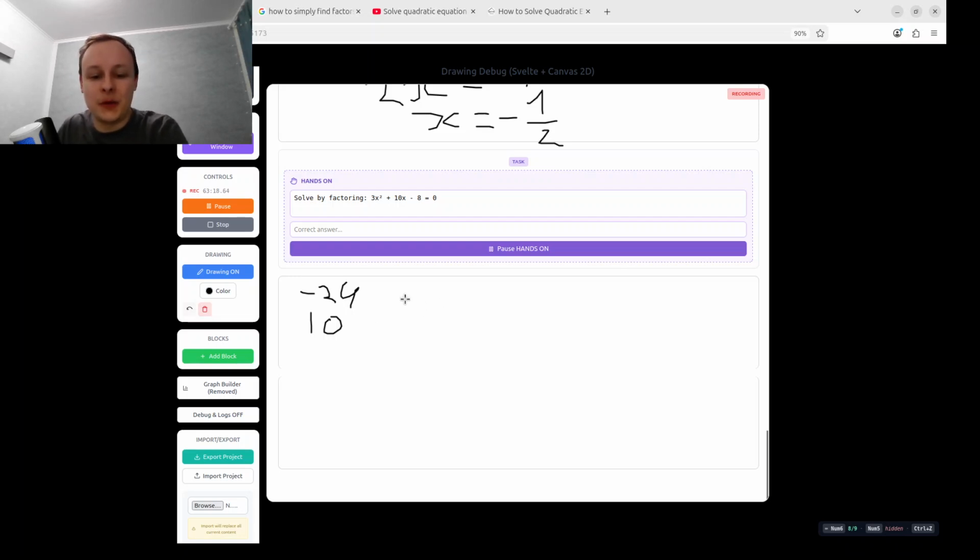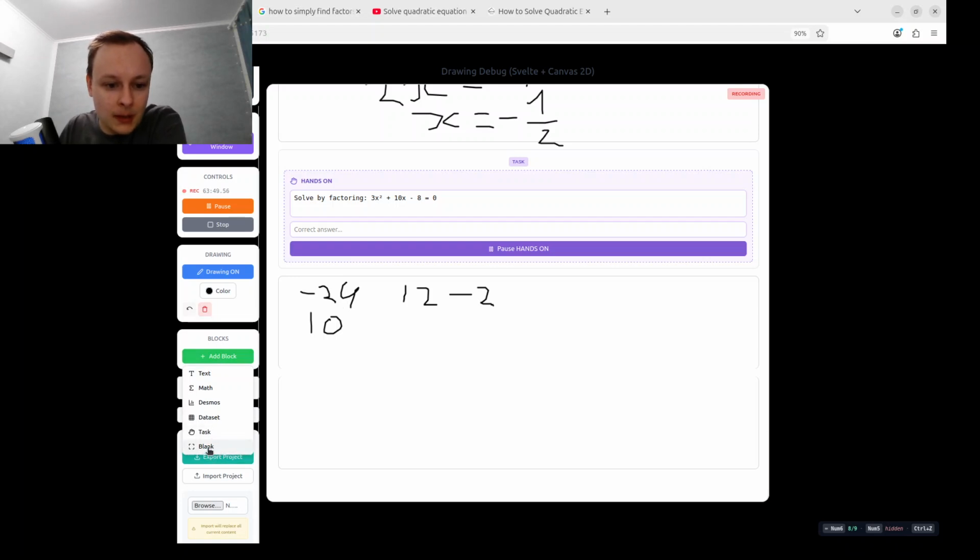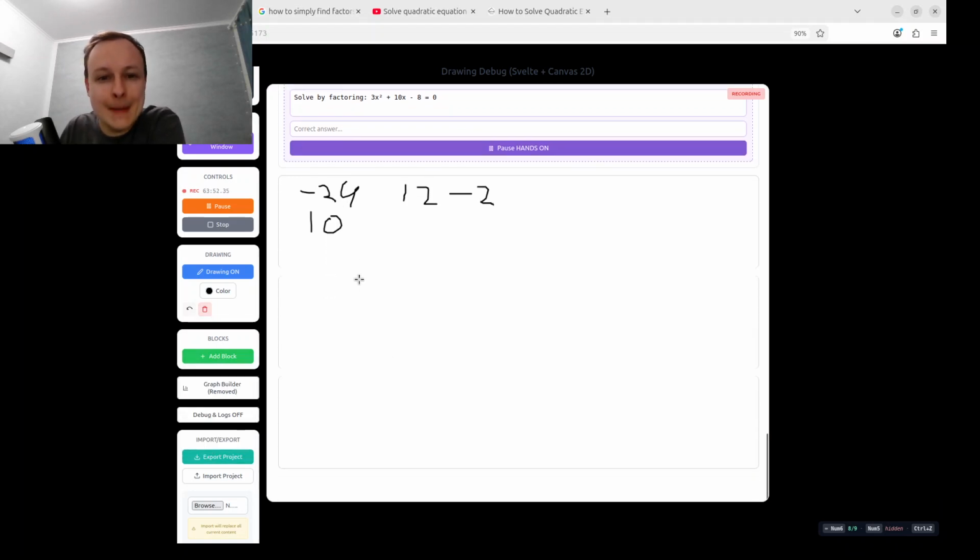Okay, and in this case the numbers will be just 12 and minus 2, and we can check quickly. Yes, we get the sum of 10 with these numbers, and we get minus 24 as the product of these numbers. And what we will do next, now we have to split our middle term into two.